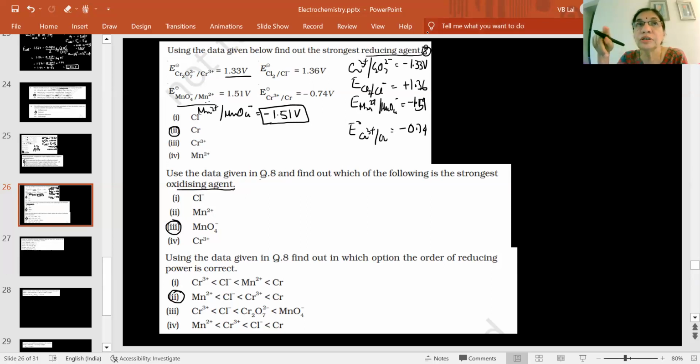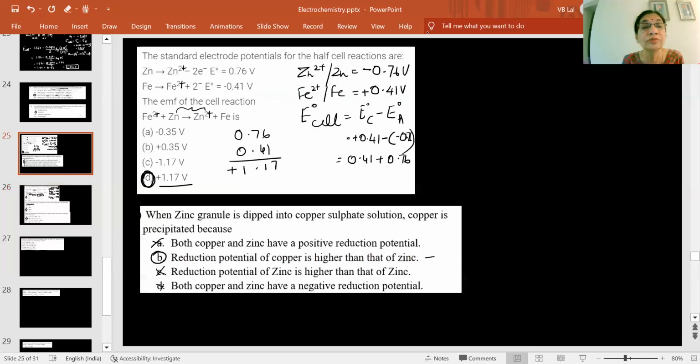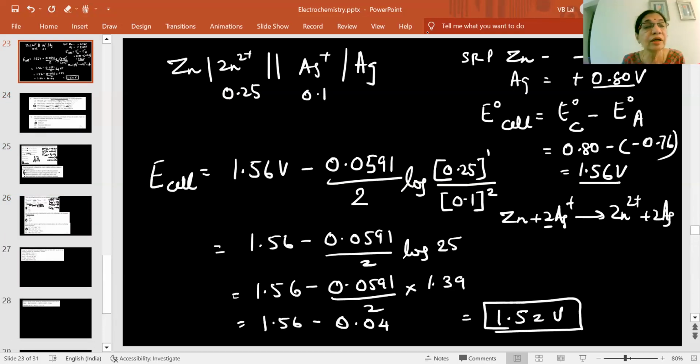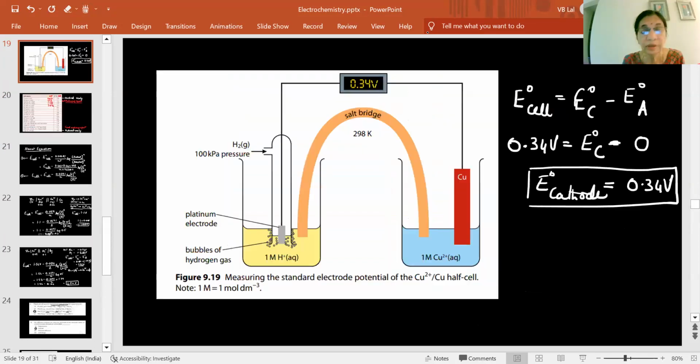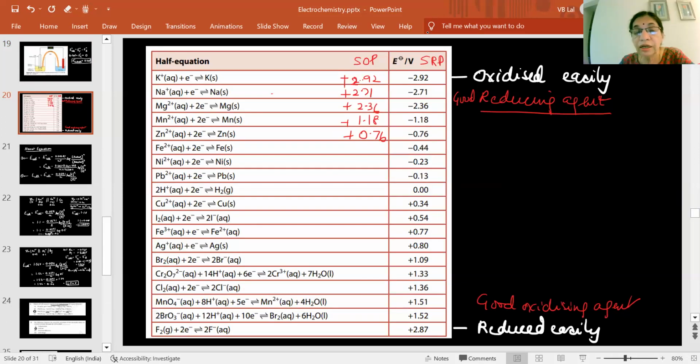Strongest reducing agent is the one which has the, let me show you this one, then you will correct it. Here, this is the one. So here all are arranged in the order of increasing reduction potential, right? The one which has a high reduction potential is the one which is reduced easily.